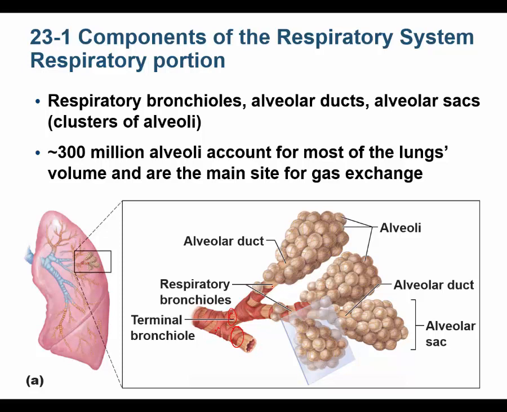And then at the very end, at the respiratory bronchioles, we can actually have gas exchange. Now, it's still absolutely true that most of our gas exchange occurs around the alveoli. But I do want you to know that the respiratory bronchioles, and that's why they're called respiratory bronchioles, are a site of some gas exchange.